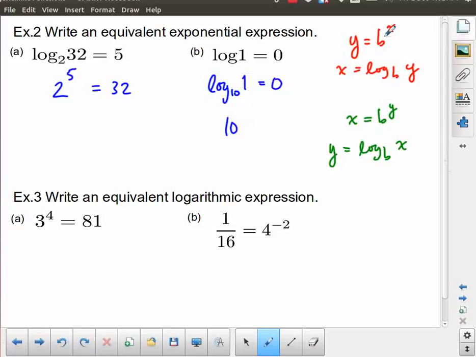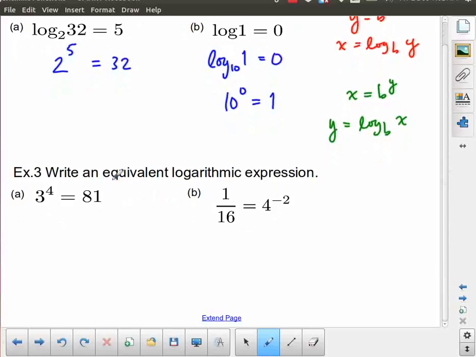Where do we get our power from? It is log to the base b here. The power here is x, which is the number by itself, so this is the 0, equals, and then what was inside the logarithmic function, log base b of y, means my y value is this number 1, but that comes outside on the exponential. So is 10 to the 0 equal to 1? Yes, it is.